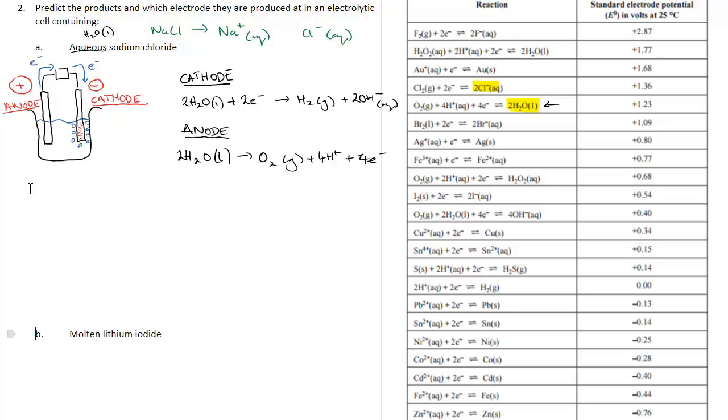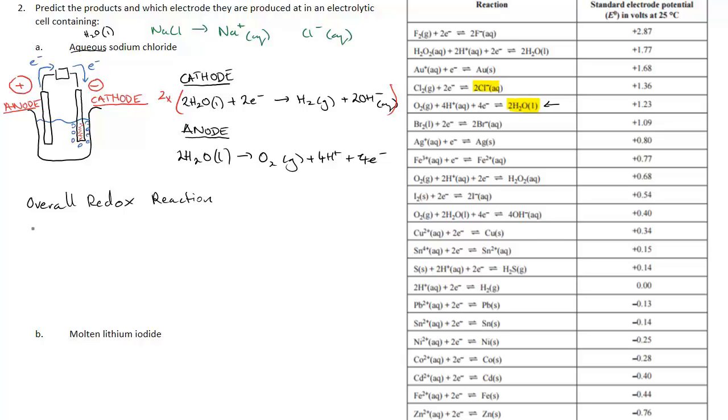Now, in terms of the overall redox reaction, what we have is the cathode that needs to be multiplied by a factor of 2.